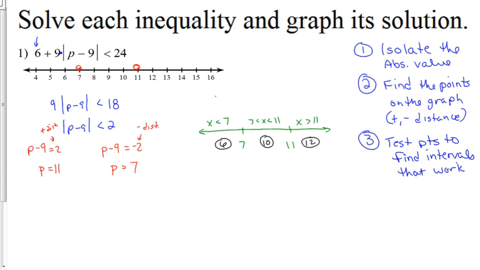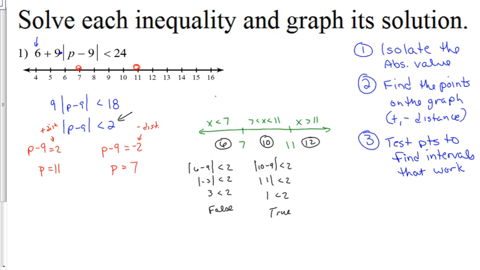So if I plug 6 in, 6 minus 9 is negative 3, and absolute value that is 3, and that's supposed to be less than 2. That's false. If I plug 10 in, 10 minus 9 is 1. Absolute value of 1 is 1, and that's supposed to be less than 2. That's true.